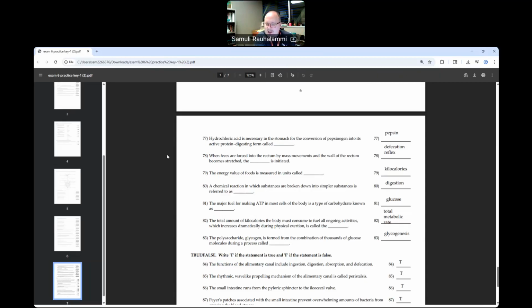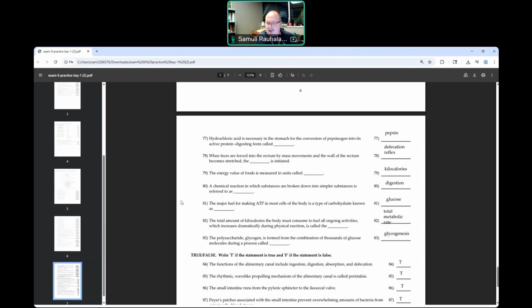And then think about the nutrition chapter. Energy value in food is commonly measured as kilocalories. Remember, we had these tables listing those for different materials, but also could measure it with a bomb calorimeter. Carbohydrate, known as glucose, was the most used source for making ATP.